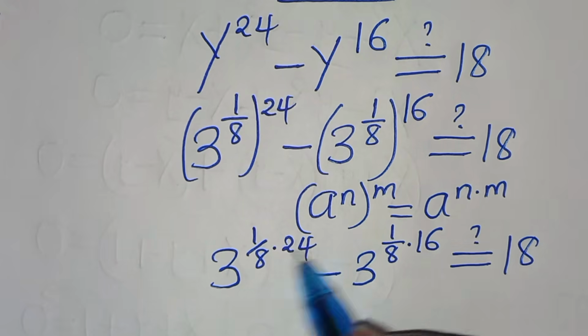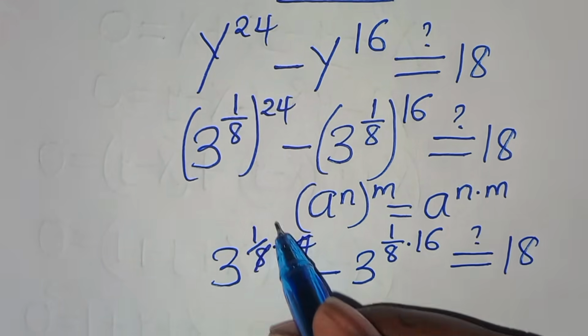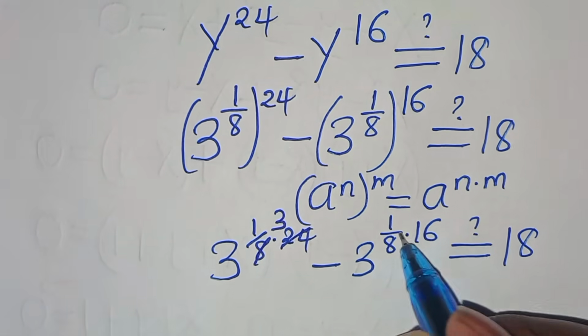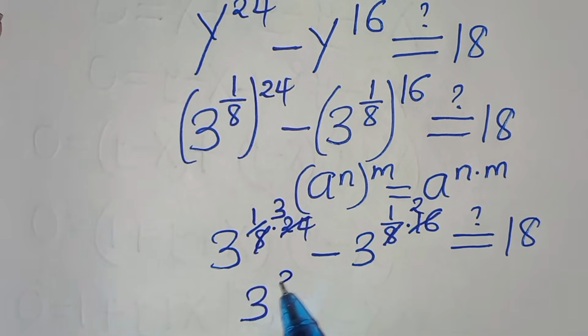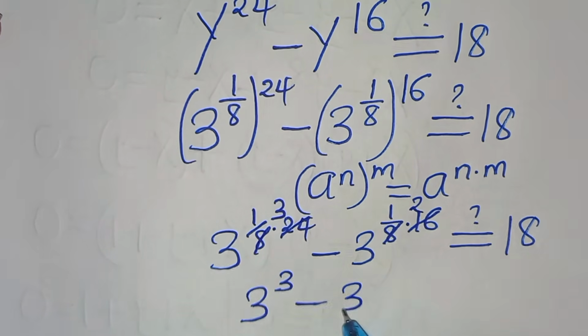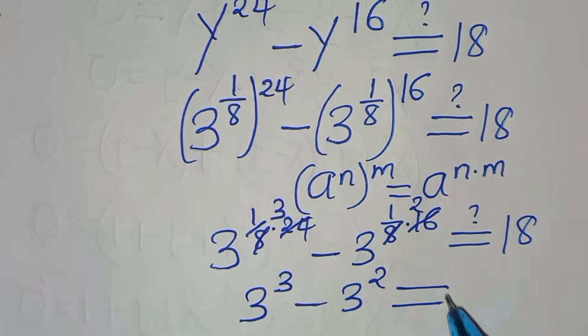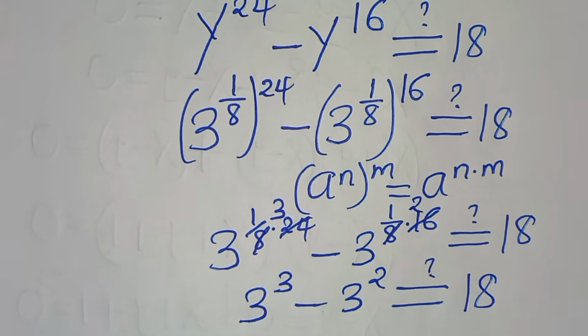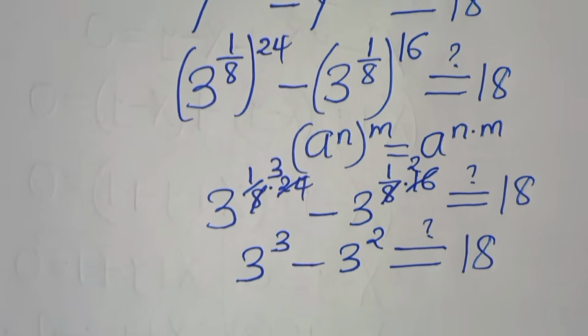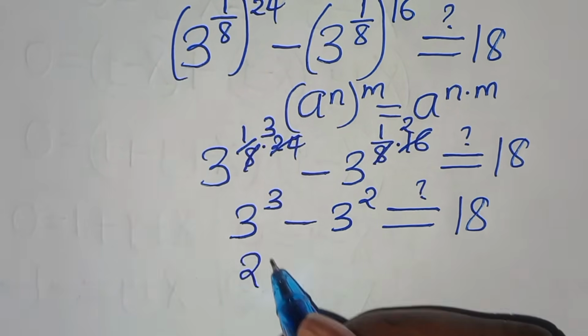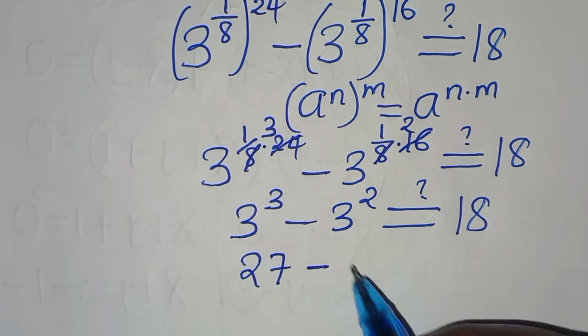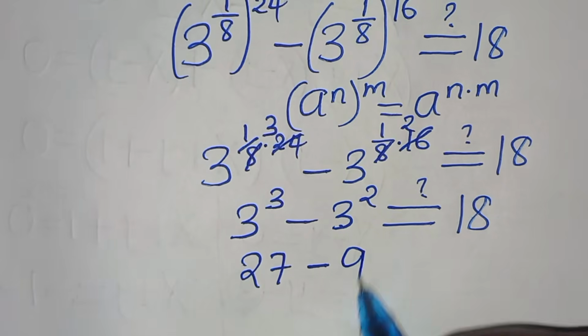Now, 24 divided by 8, this is equal to 3. 16 divided by 8, this is equal to 2. So we have 3 raised to the power of 3 minus 3 to the power of 2. This is supposed to give us a value of 18. So 3 to the power of 3, this is equal to 27. Subtract 3 to the power of 2, this is equal to 9.